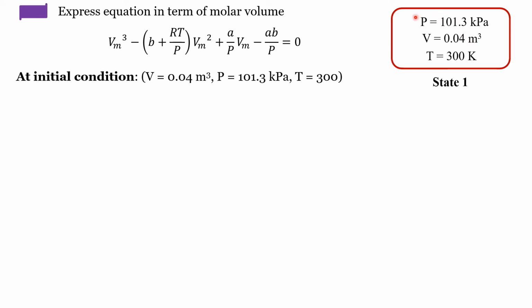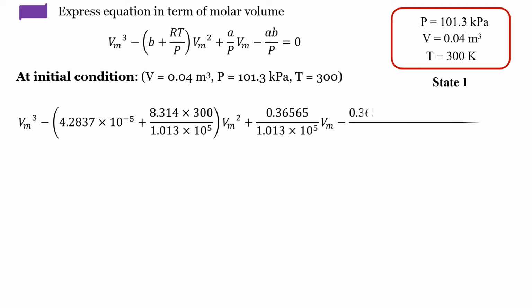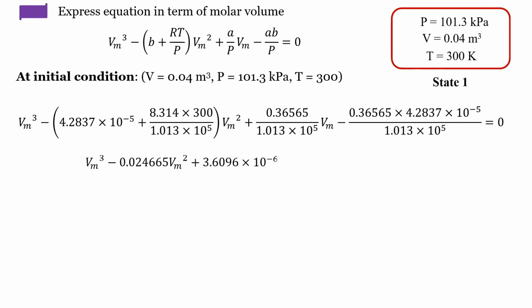So we will use these parameters, pressure, volume, temperature at state 1. After putting in all values, we will simplify this equation, and after simplification we will get this equation. So this is the cubic equation in terms of molar volume.